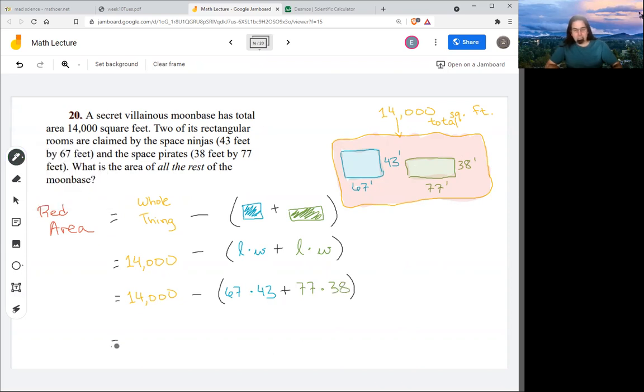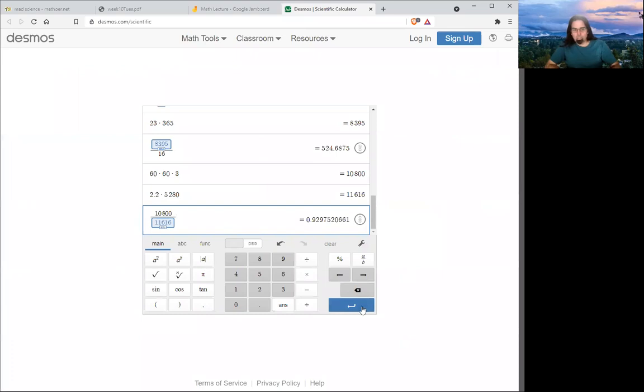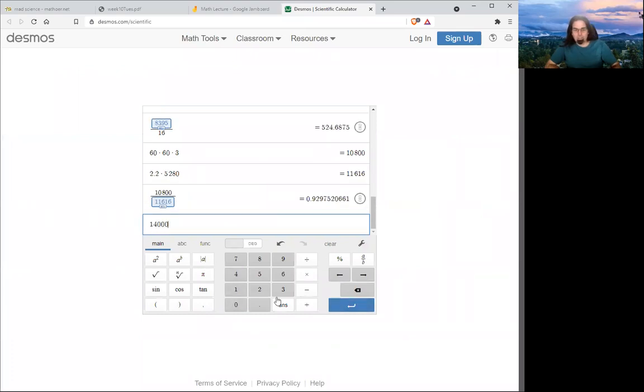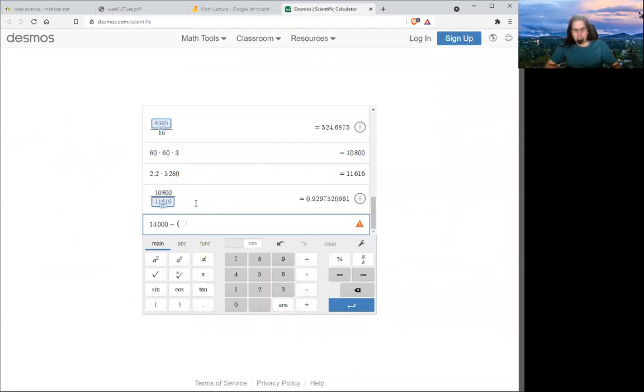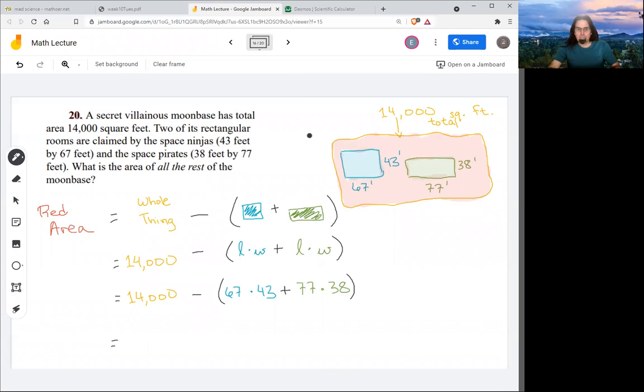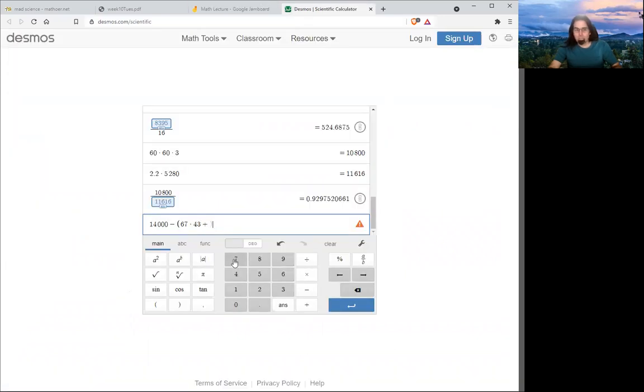Okay. So what is this? 14,000 minus parentheses 67 times 43 plus 77 times 38. Oops, come back in the parentheses.